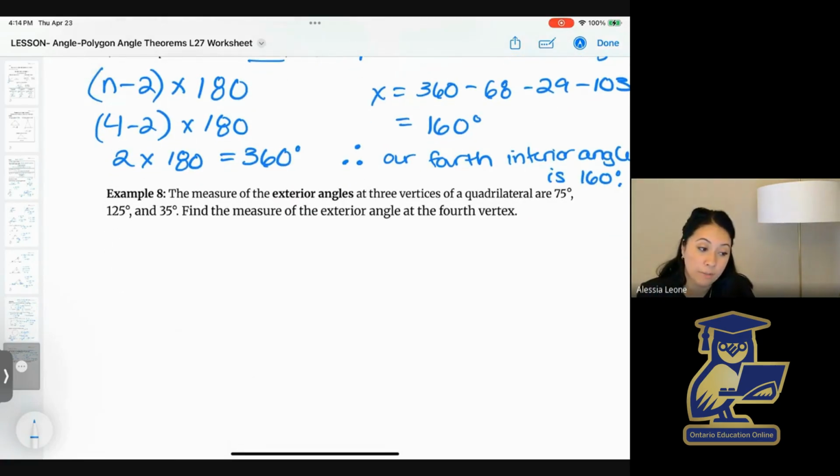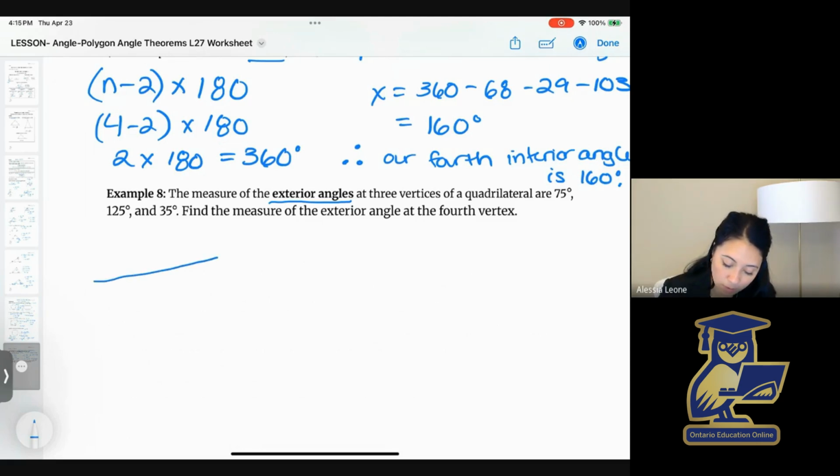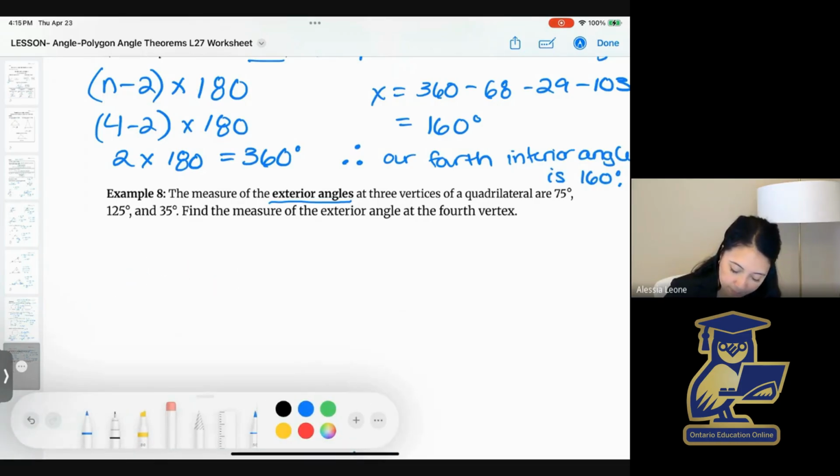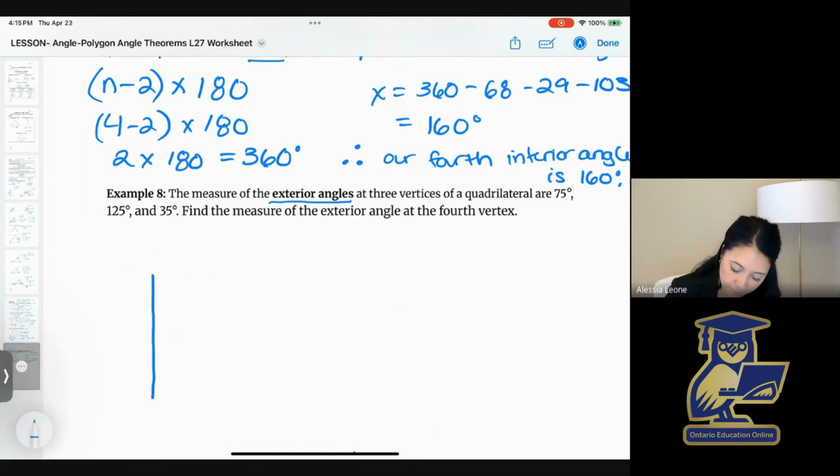The last word problem is asking us for the exterior angles. The measure of the exterior angles at 3 vertices, 3 corners of a quadrilateral are 75. So if we draw the quadrilateral, okay, I'll draw it better.